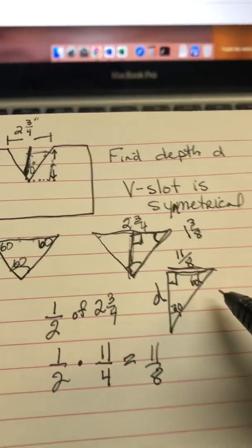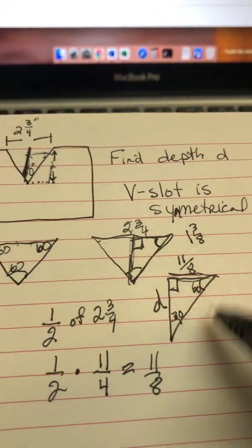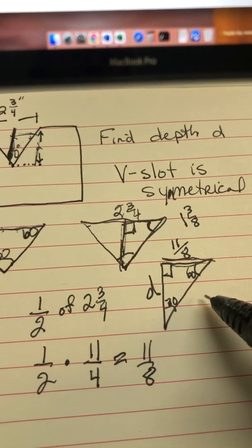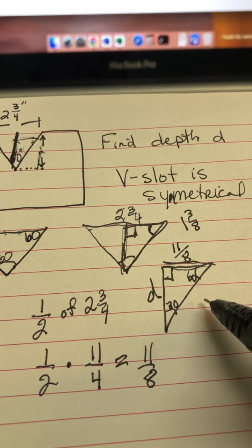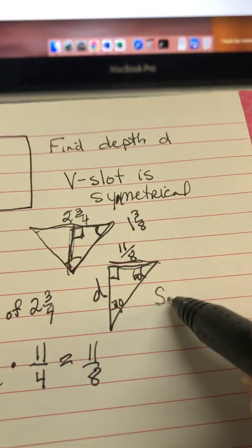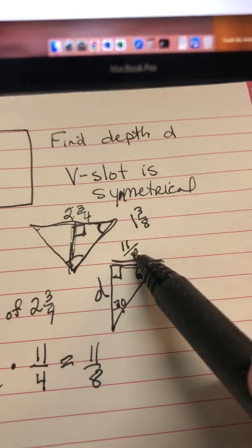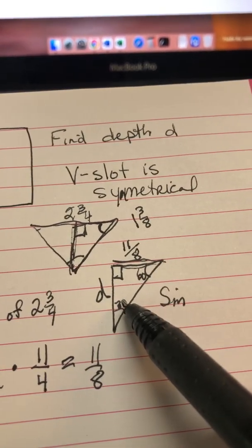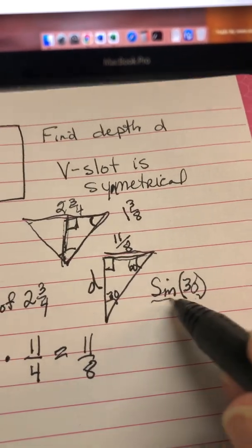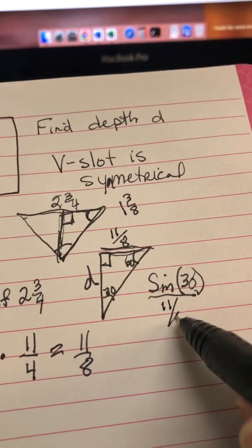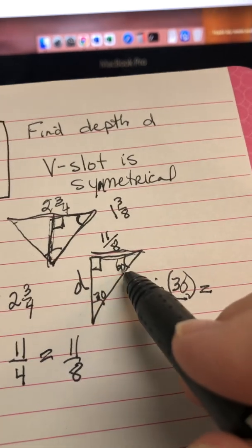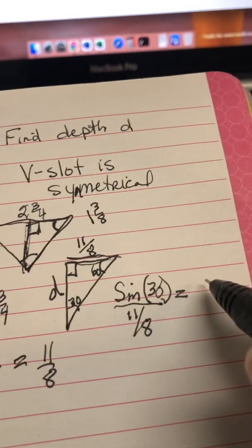All right, so now we've got some information we can use here, because we can use a couple different situations actually. We could use the law of sines, because we have a side and an angle that matches. So we could say sine of 30 over 11 eighths is equal to sine of 60 over d, and that would give us our depth.